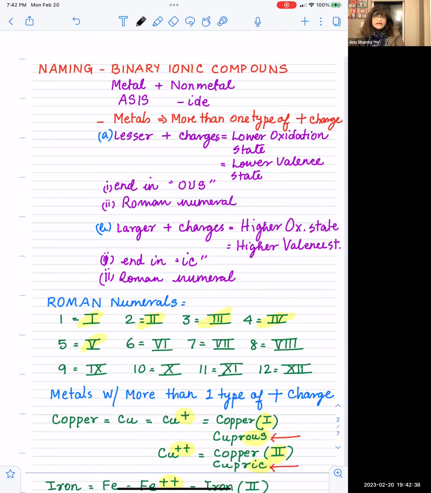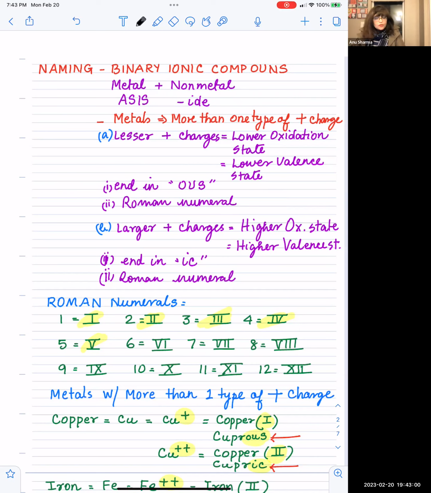So their ending is going to be in "ous," O-U-S, like cuprous. Okay, but the ones where there is a larger oxidation state or larger number of charges, a higher valence state, their ending is in "ic," I-C. Okay, and that is like, for example, cupric.